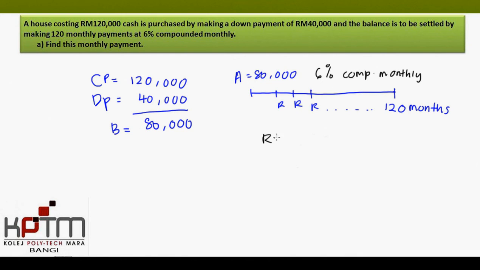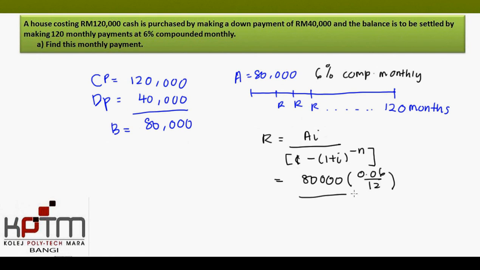By using R equals Ai over 1 − (1 + i)^(−n), we substitute the value of A: 80,000 times 0.06 over 12, divided by 1 − (1 + 0.06/12)^(−120).